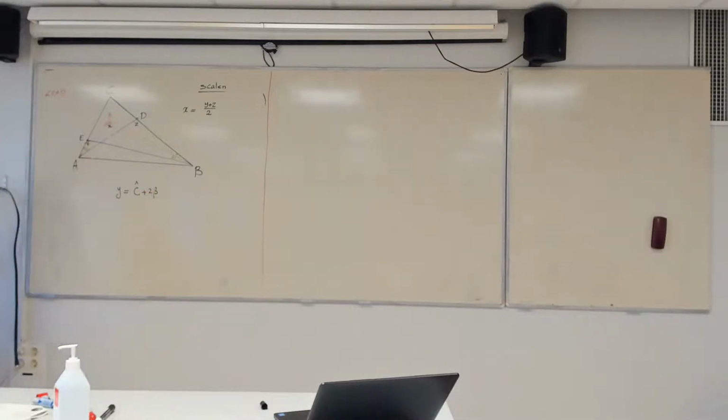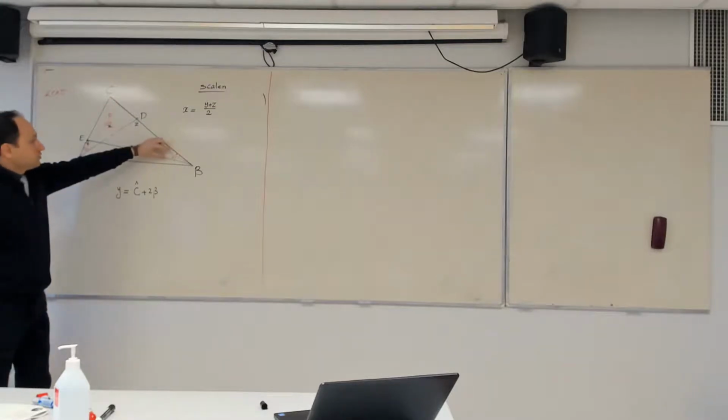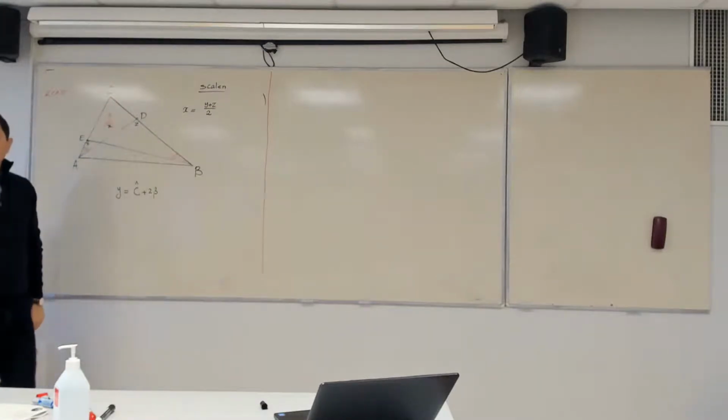Do you agree? So Y is this angle. I'm claiming that this angle is equal to this angle plus 2 beta, which is this.